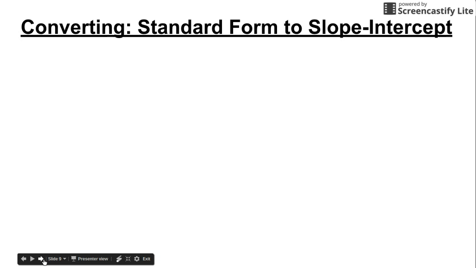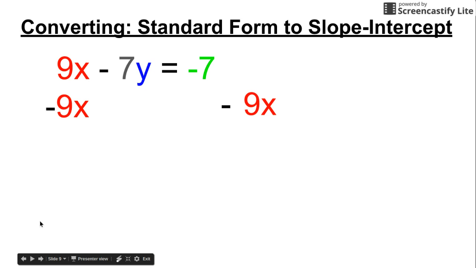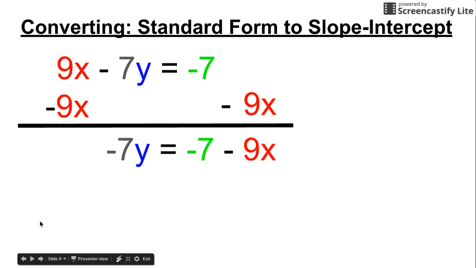I think this is going to be our last example. 9x minus 7y equals negative 7. First thing is you want to isolate your y variable. So we're going to subtract 9x from each side, giving me negative 7y equals negative 7 minus 9x.